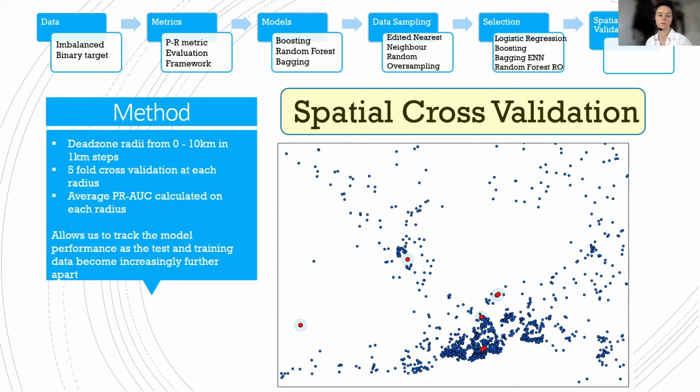And at each one, we performed 5-fold cross-validation and calculated the averaged precision recall area under the curve for each one. So in doing that, it allows us to track the model performance as the test and training data become increasingly further apart. And this method is built on an adaptation of another published paper from one of the Finnish universities.